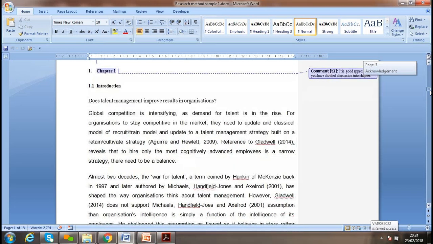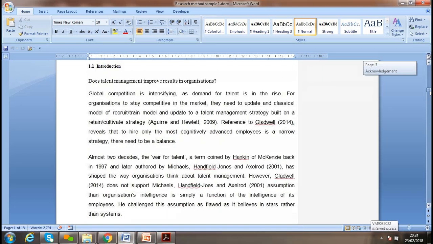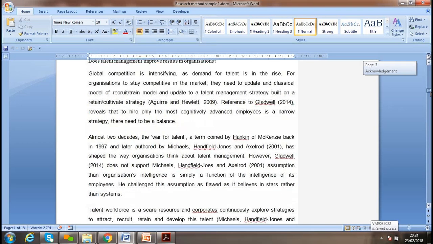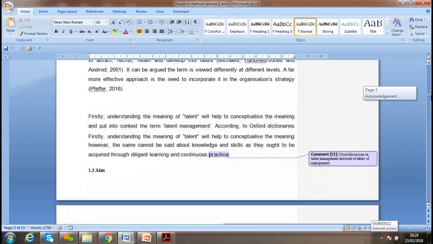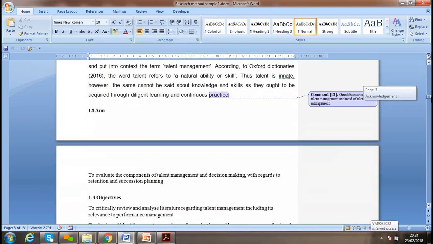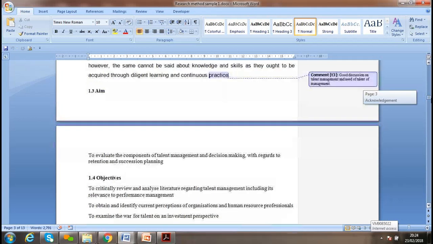So, like, global competition is intensive, it is a quite competitive world we are living in. This is some background knowledge we are giving. Then, what is talent management? Then the aim of the research is to evaluate the components of talent management and decision making with regard to retention and succession planning.